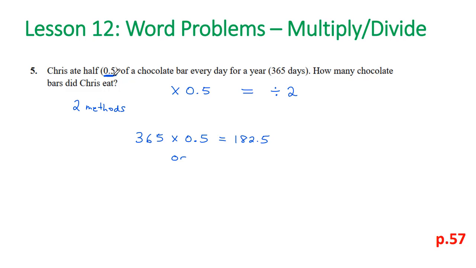Or if you prefer, because it's 0.5, it's half, you could take 365 and divide it by 2. And you would get the same result, 182.5. So Chris ate 182.5 chocolate bars that year.